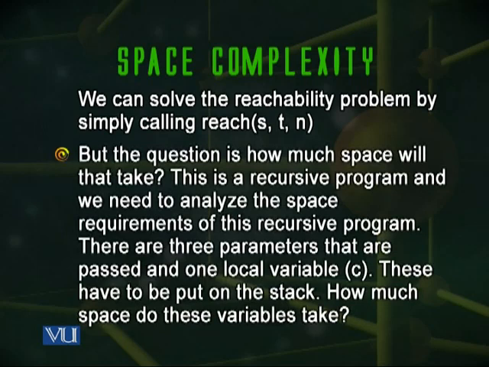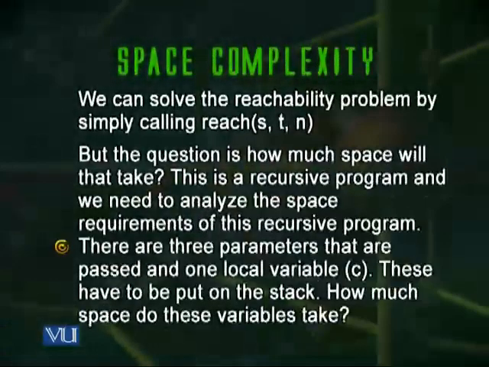This is a recursive program, and we need to analyze the space requirement of this recursive program. And as you know, and you have analyzed recursive programs in your data structures course and your algorithms course, recursive programs put things on the stack. And if you look at the space requirements of this program, you realize that there are hardly any local variables.